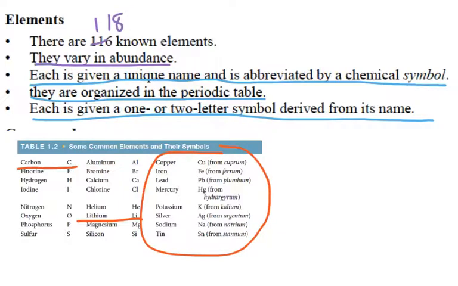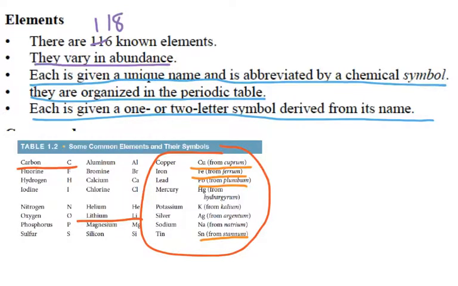Some of them are good to know where they come from. Copper, because we do use that idea of cuprum. We'll talk about things like cupric chloride, or cuprous chloride. Iron, ferrum, tin, stannum, and lead, plumbum.